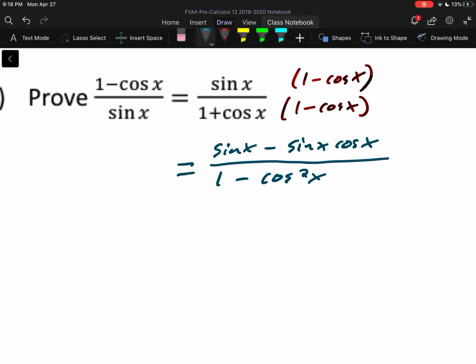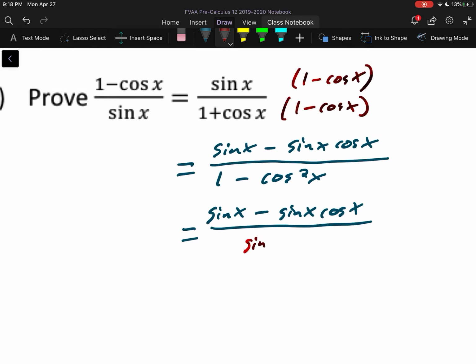Now this 1 minus cos squared x, hopefully you recognize something to be done with that, right? 1 minus cos squared x is equal to sine squared x according to the Pythagorean identity.